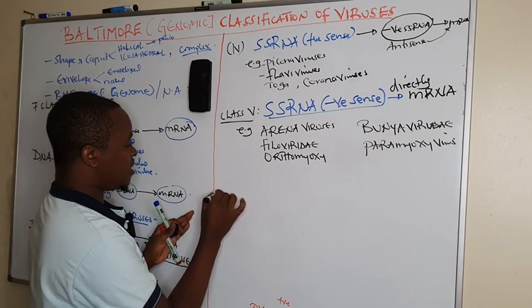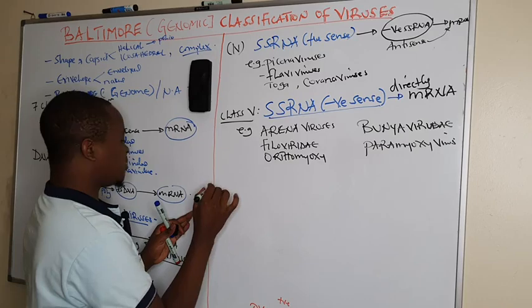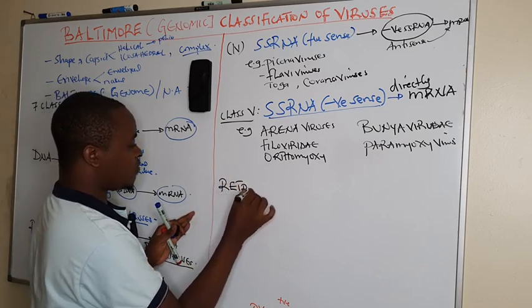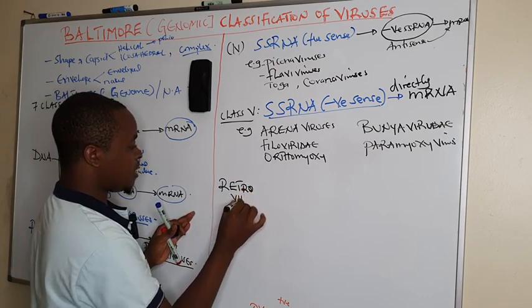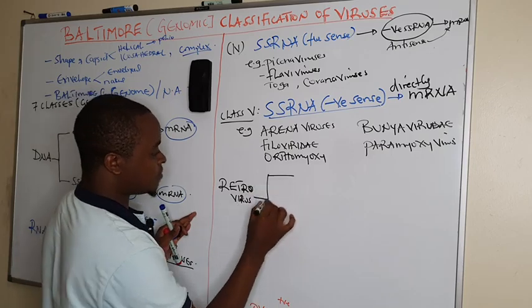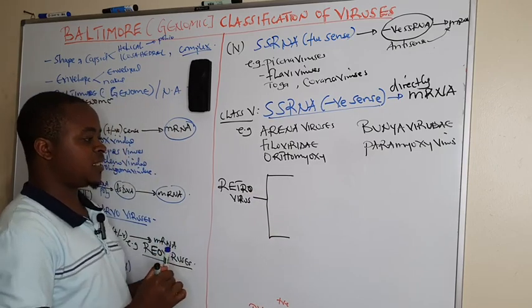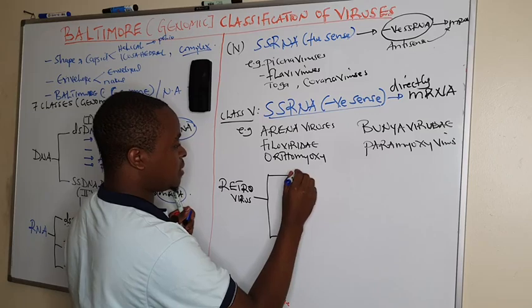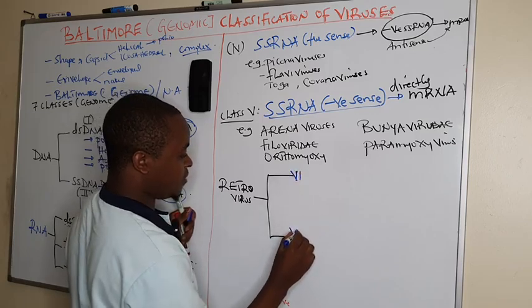this one shall give another smaller subclassification of retroviruses. And under retroviruses, we have 2 classes. We have only 2 classes, whereby we have class 6 and class 7.